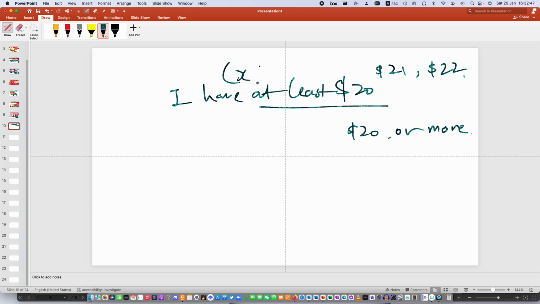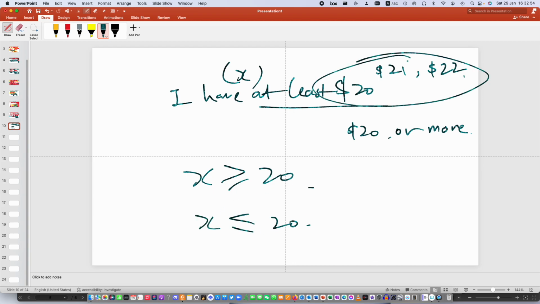So I have is X. So is X bigger than or equal to 20, or smaller than or equal to 20, to represent this range? $20, $21, $22. So which range represent that? One. Yes. So that's how you eliminate it.